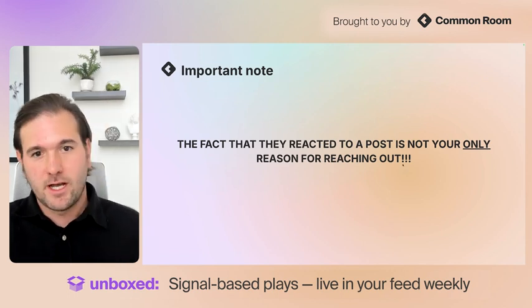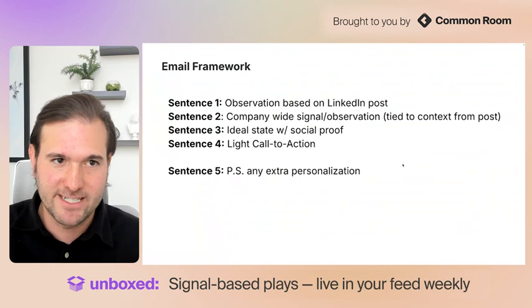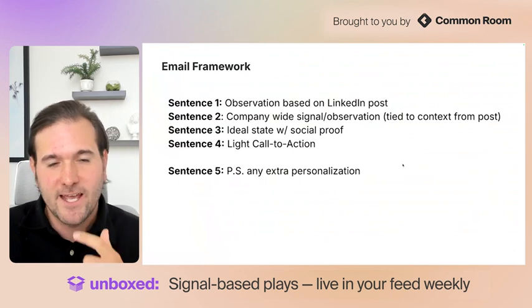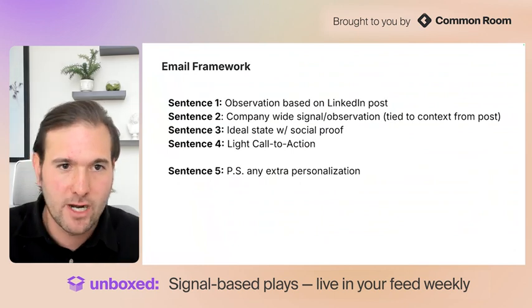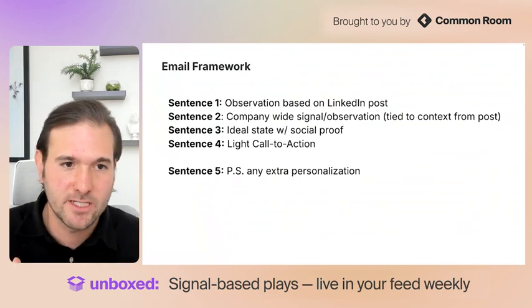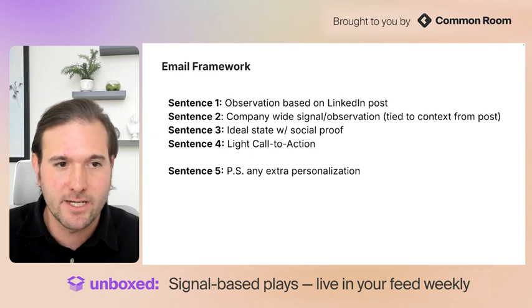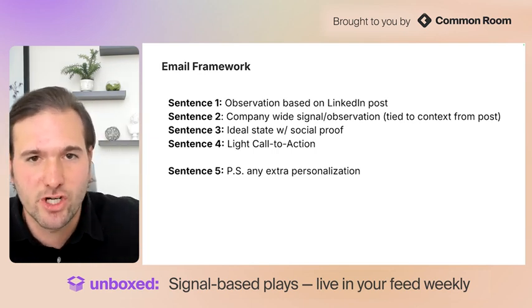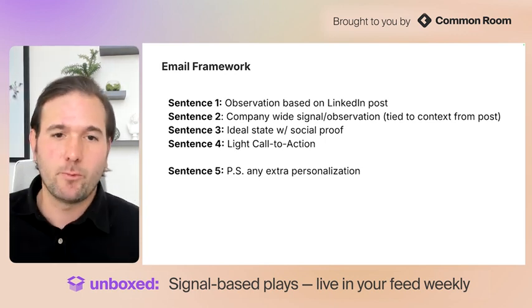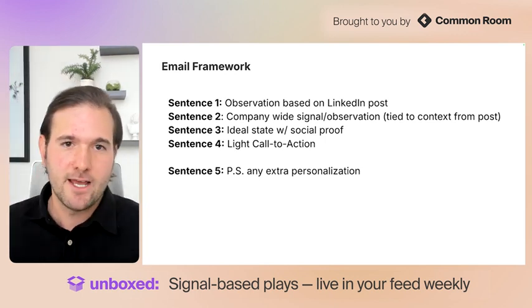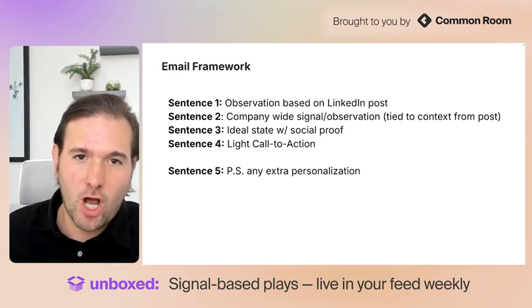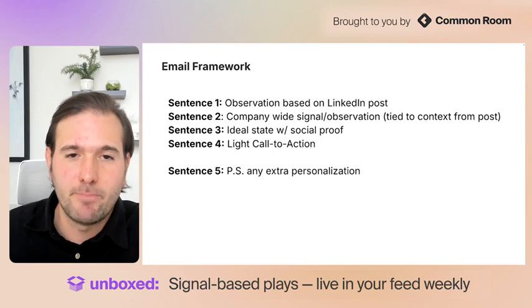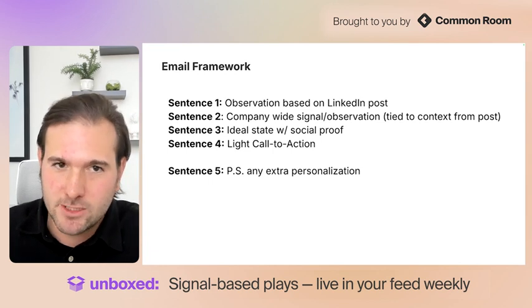So here's an email framework, and I'm going to show you some examples that we use. If any of you have taken my copywriting course, you know I really like this 4-step email template. I also use a PS sometimes, and obviously you can mold this to different situations. But typically, when we reach out to somebody in a socially engaged play, sentence number 1 is going to be the observation based off of a LinkedIn post, so calling out the exact post.